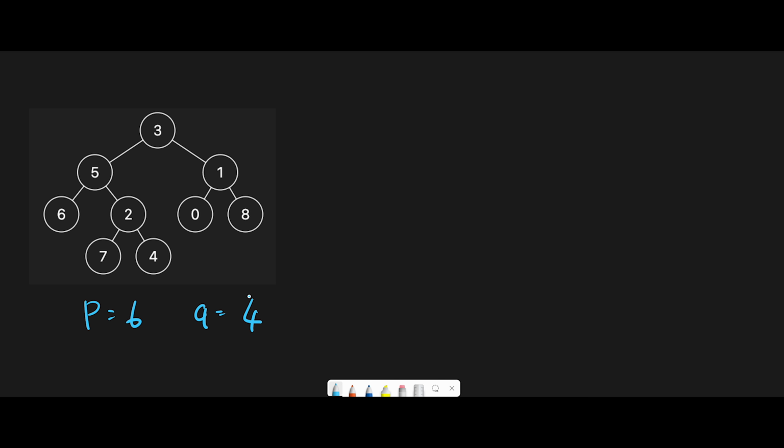Okay, so let me visualize one by one. We start from root node 3. So root 3, and we have two choices, left and right. So let's move to the left side. We have a left child, and we have 5, right?